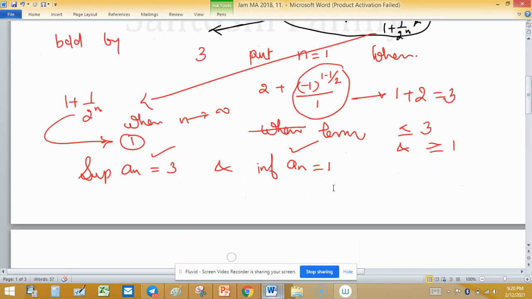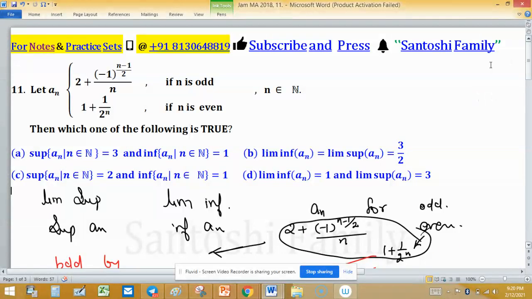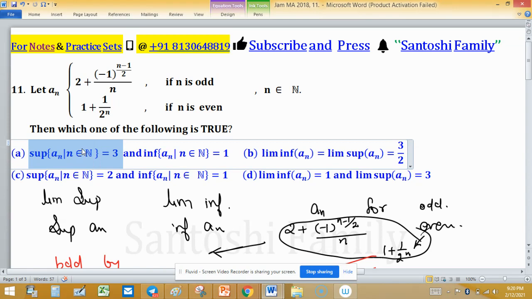Now come to the options. Which option is true? Supremum of a_n is 3 and infimum of a_n is 1. So this is true. Limit inferior and superior is equal to 3 by 2. This one is wrong.